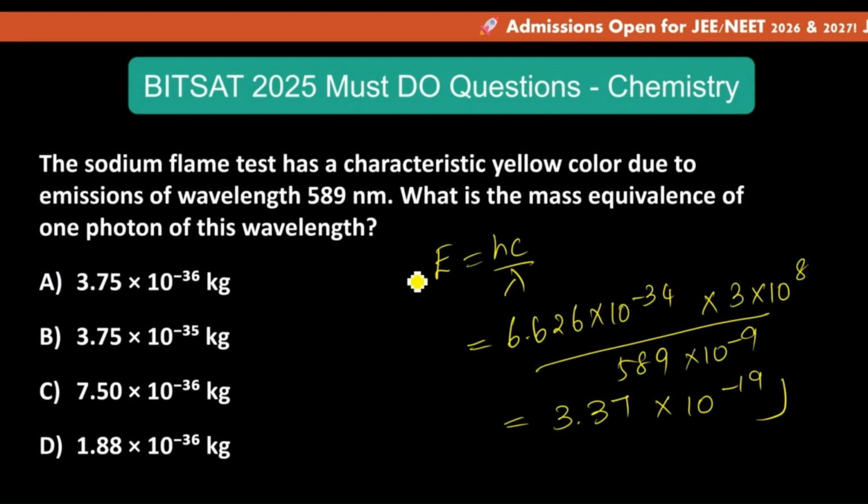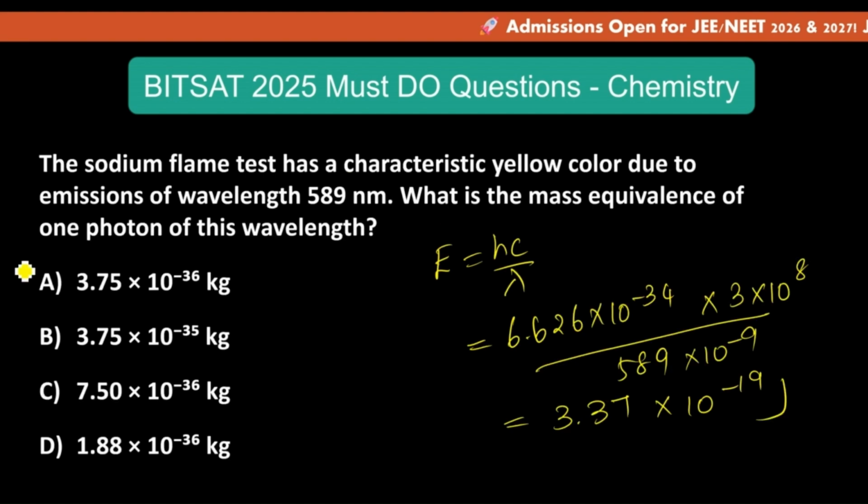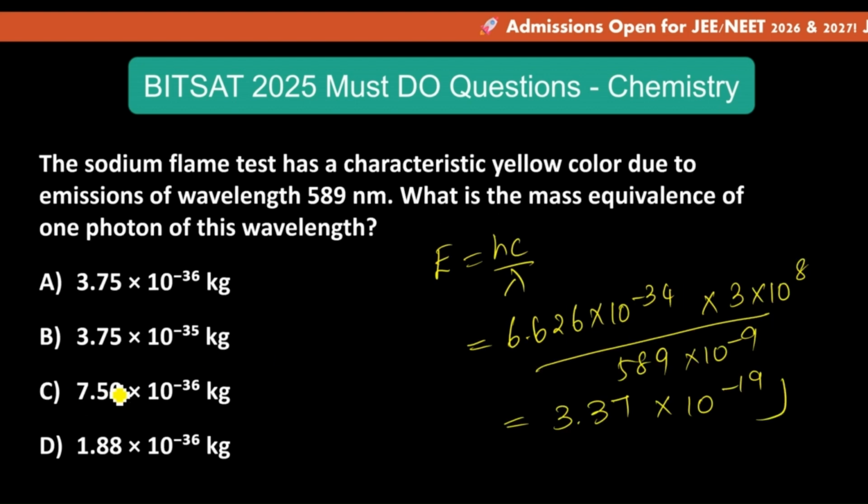So E value, which is 3.37 into 10 to the power minus 19, divided by c square value, let's say 9 into 10 to the power 16. Okay, 8 into 8, 16. So overall it will become 3.75 into 10 to the power minus 36 kilogram. Let's check with the option. They will not give you this much flows, but be ready.